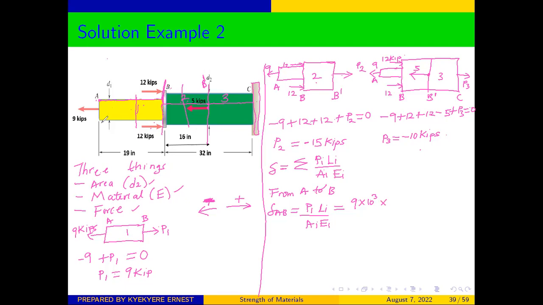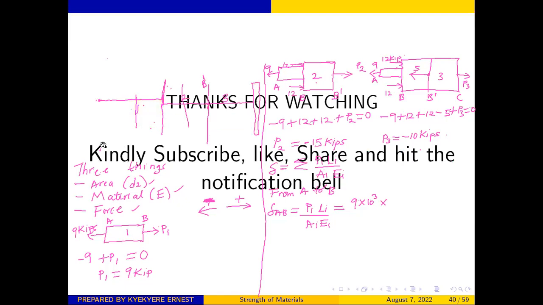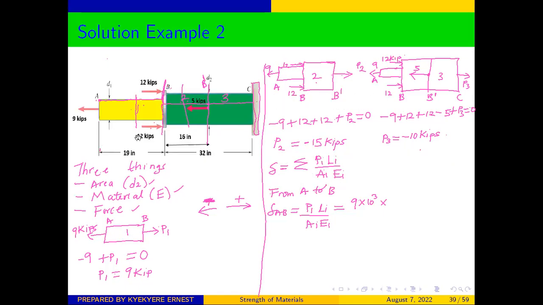The length of the section from A to B is from this point up to that point, which is 19. That is the length of the section.